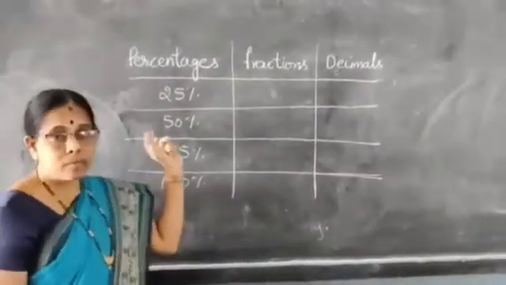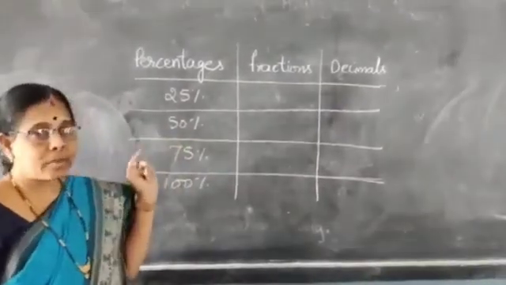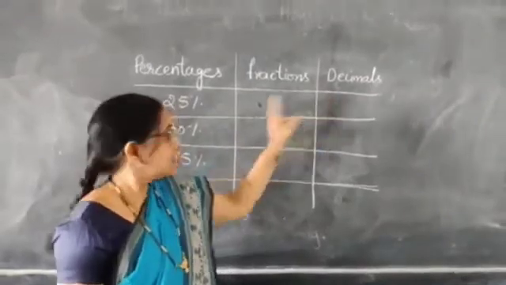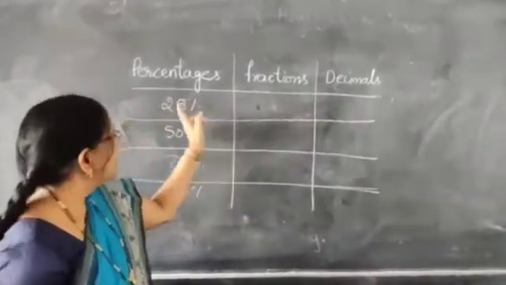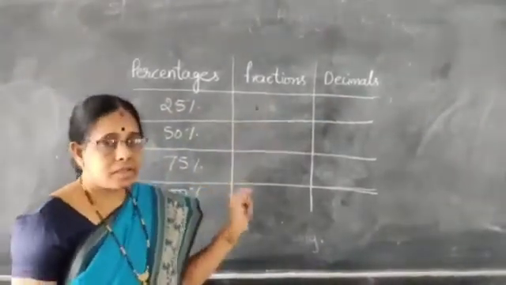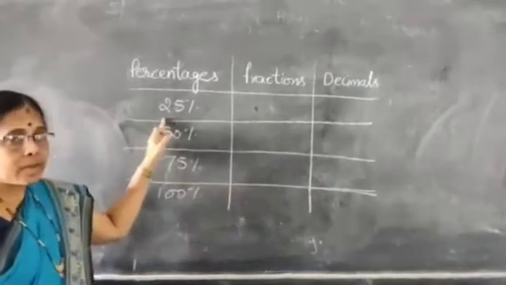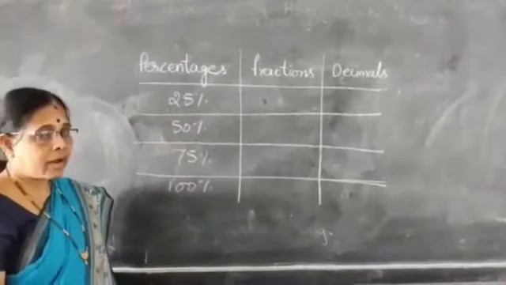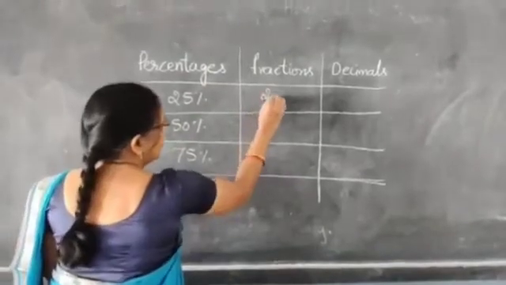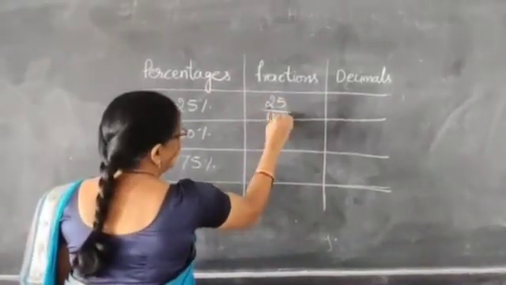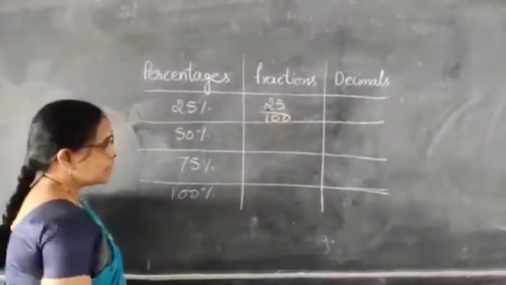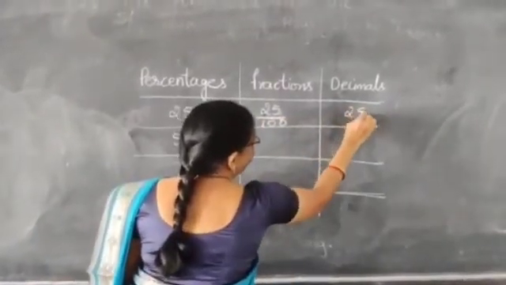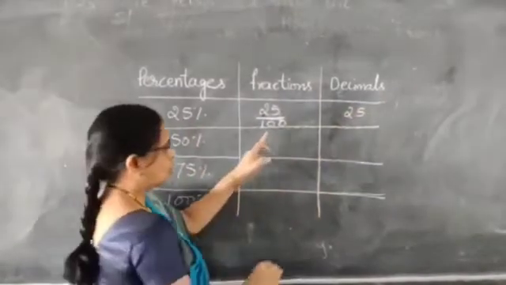So now I am showing some more examples here. See, these are the relations between percentage, fraction and decimals. 25%. For 25%, how can we write it in fraction form? 25 by 100. In decimal, see 25, how many zeros are there? 2 zeros.